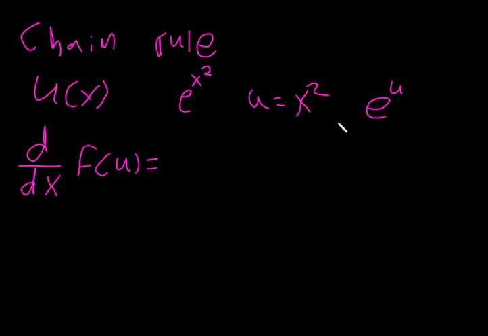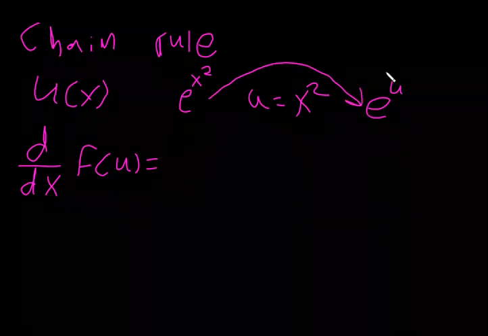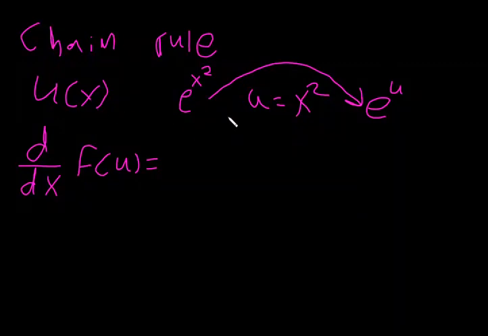So this is what I mean. I'll have that arrow there just to show that this is the same thing using u equals x squared. The u substitution here, u equals x squared, is just to make a composite function into a simple function.